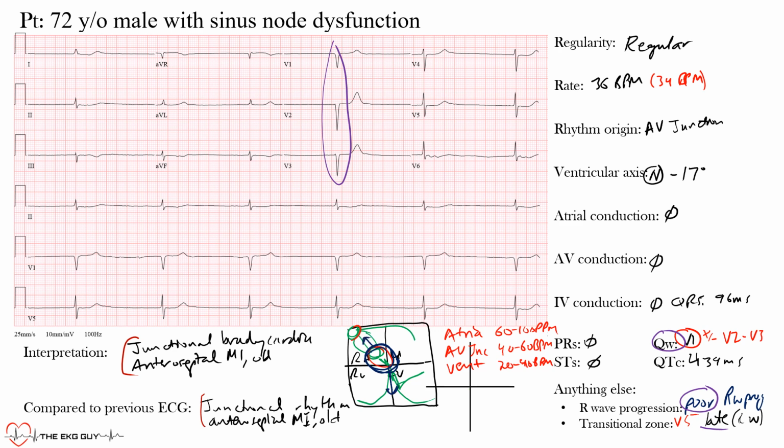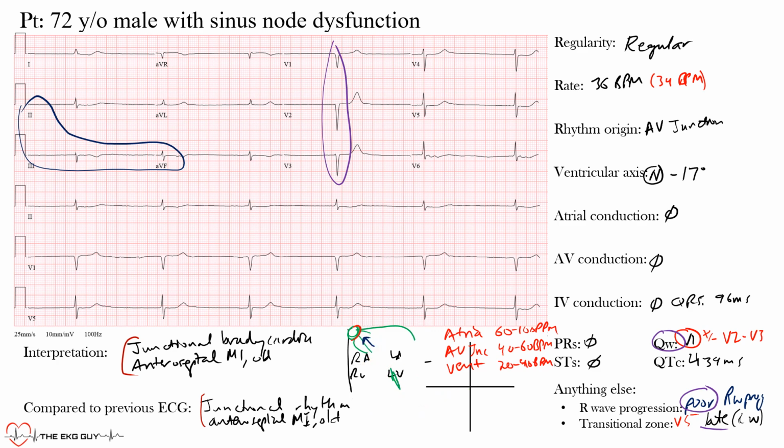You may see inverted P waves as it goes away from those leads, in which case in these inferior leads you may see negative P waves, excuse me, as it moves away from the inferior leads down here. That's lead 3.